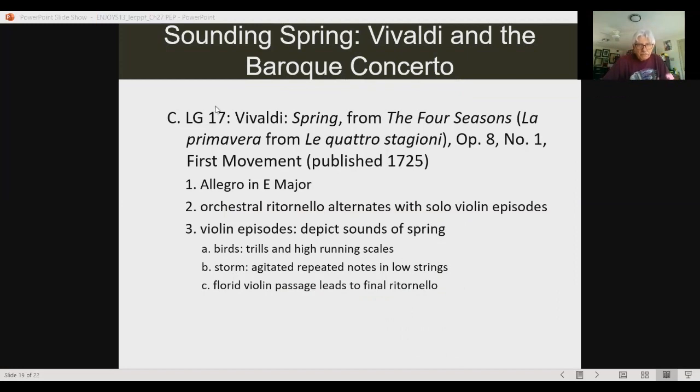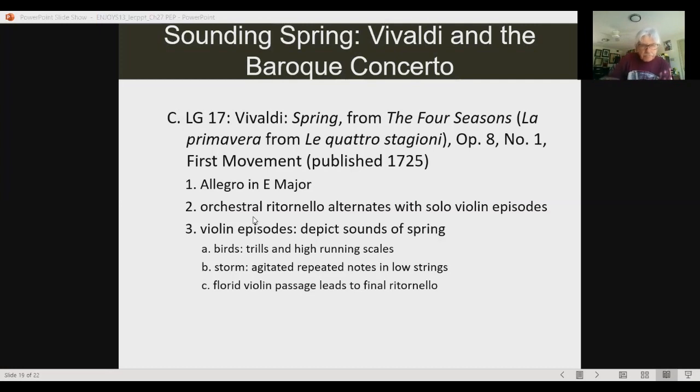So Vivaldi, we're going to sample the concerto from the Four Seasons entitled Spring, La Primavera, very famous piece of music. And I'll try and point out, because we say it's program music. What is program music? Music that tells a story, right? And here, each one of the seasons tells the story of that season.